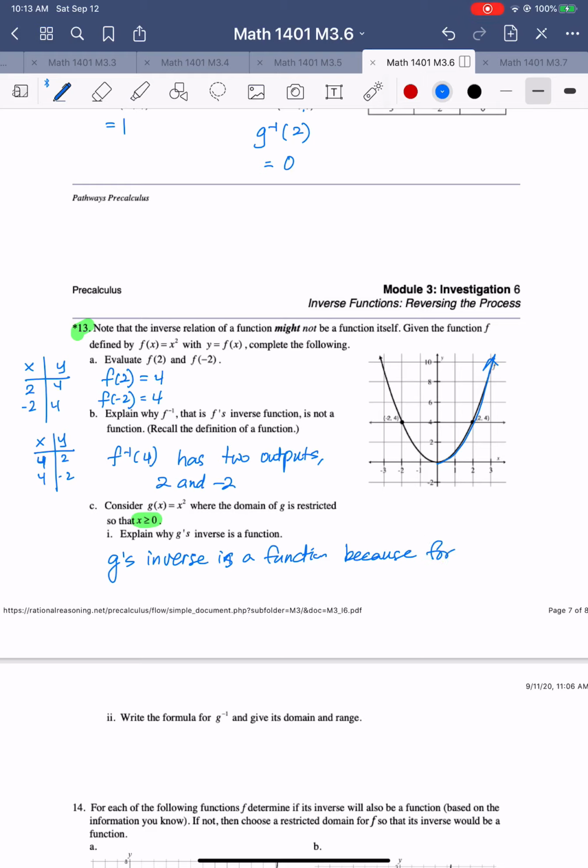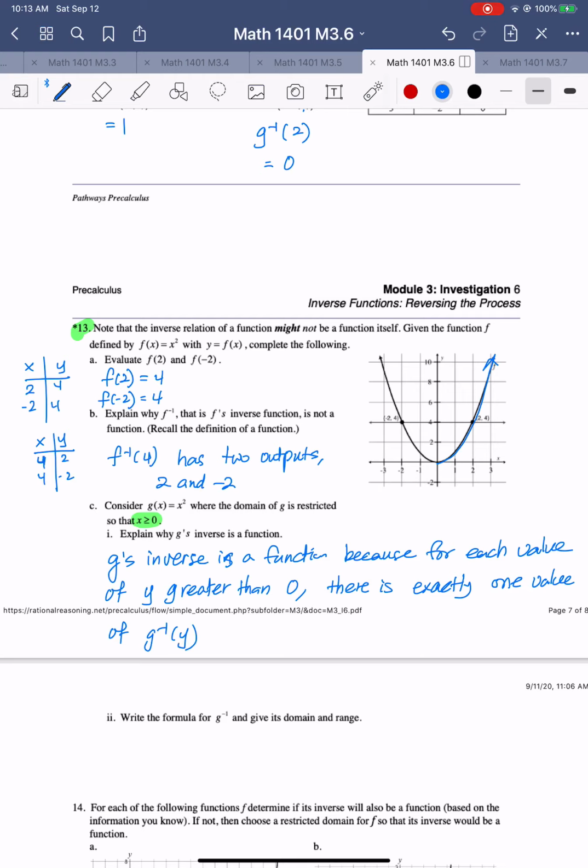Because for each value of y greater than 0, there is exactly one value of the inverse. So write the formula of the inverse this time.